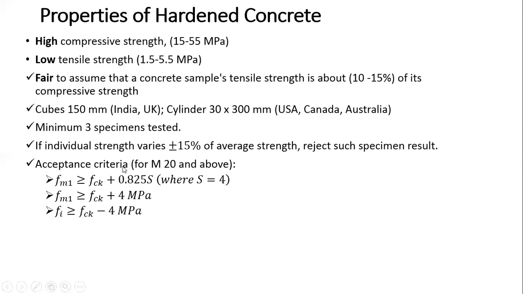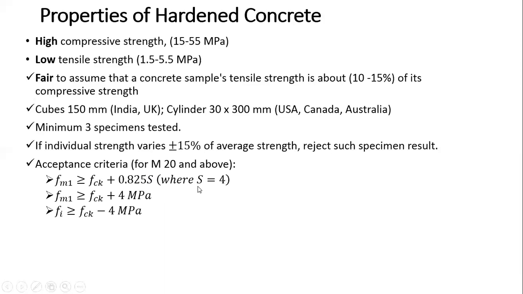Now, what is the acceptance criteria for concrete? Suppose for M20 concrete and above, these are the 3 criteria given in the IS code 456. The first is that Fm is greater than or equal to Fck plus 0.825 times S. S is your standard deviation.